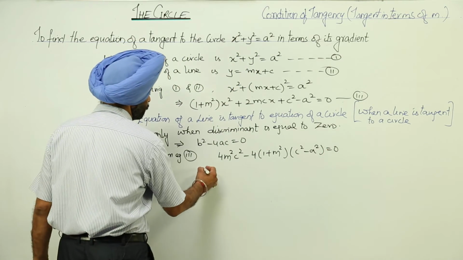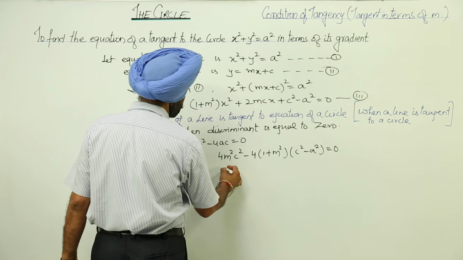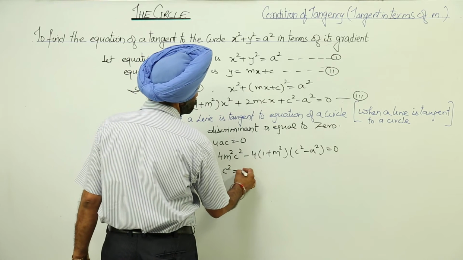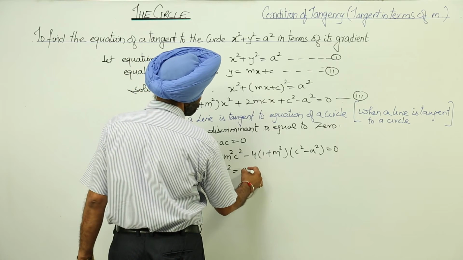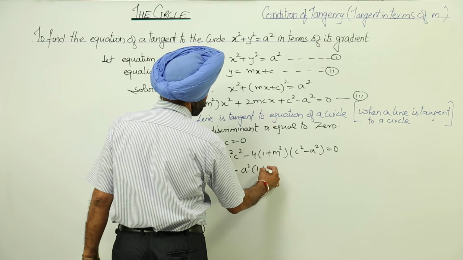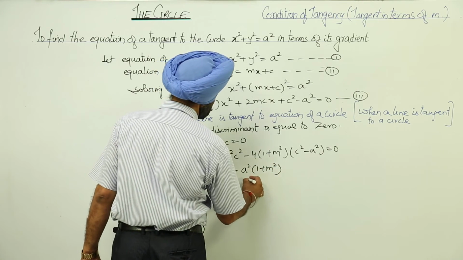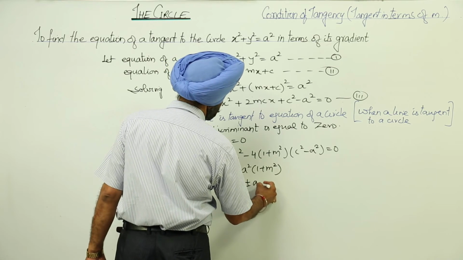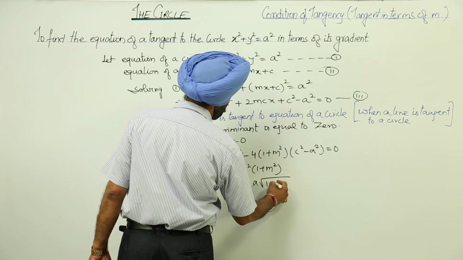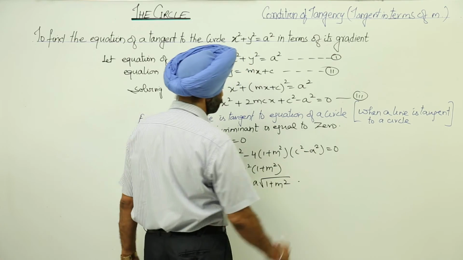And on solving, what we are getting? We are getting c square is equal to a square in the bracket 1 plus m square, or c is equal to plus minus a square root of 1 plus m square.